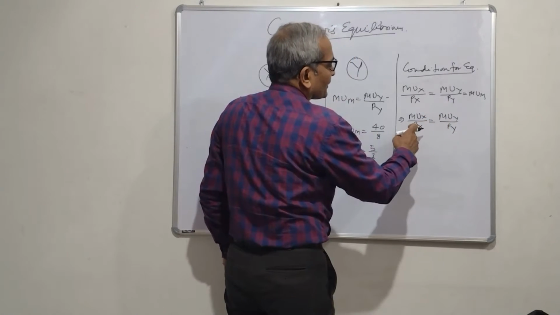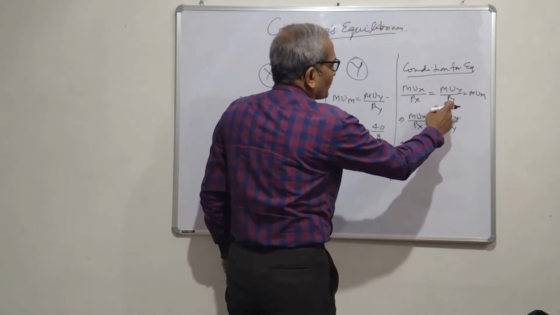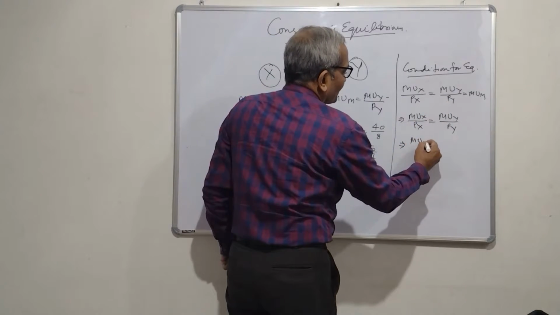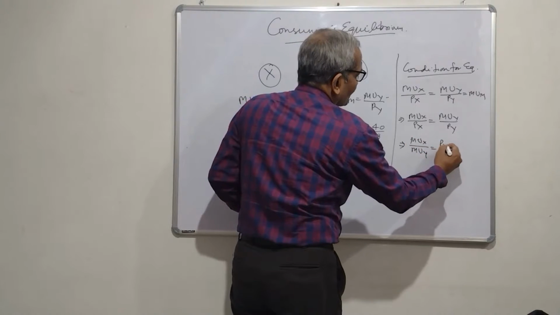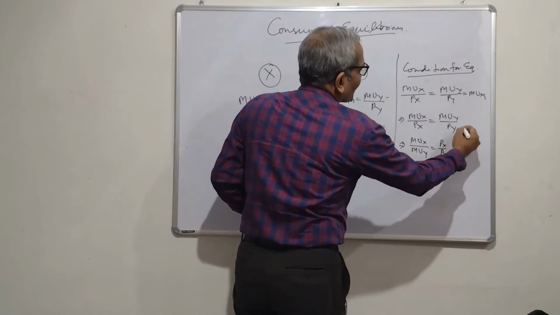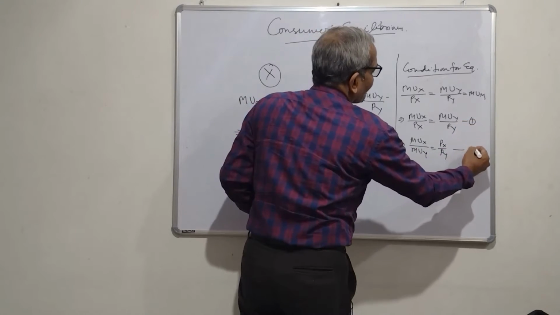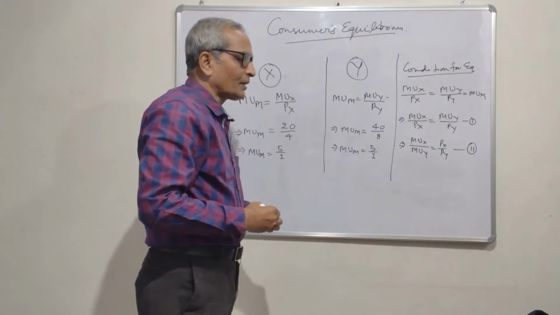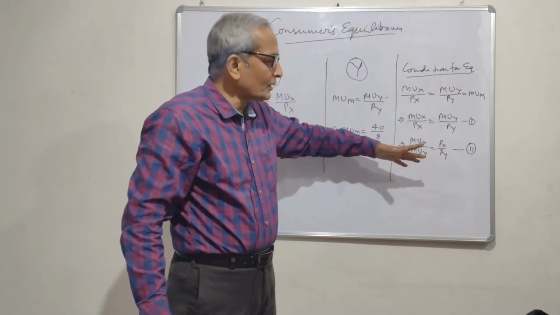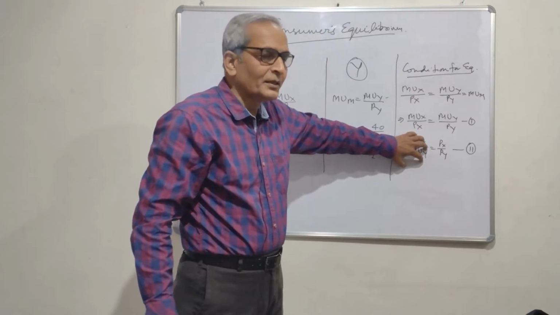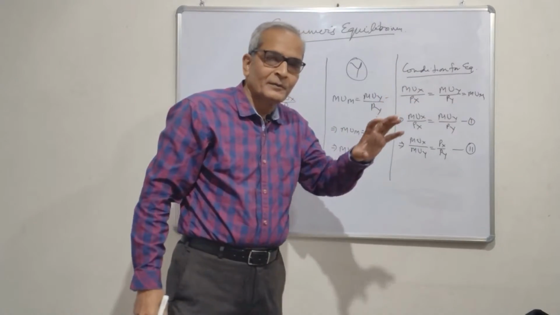MUY will come here and PX will go there. In that case, MUX by MUY equal to PX by PY. So we can express it in these two ways: as the ratio of marginal utility and price, or as the ratio of marginal utility and the ratio of price.